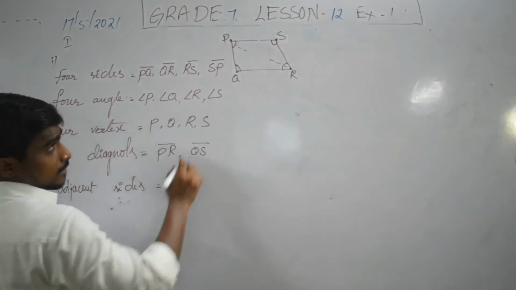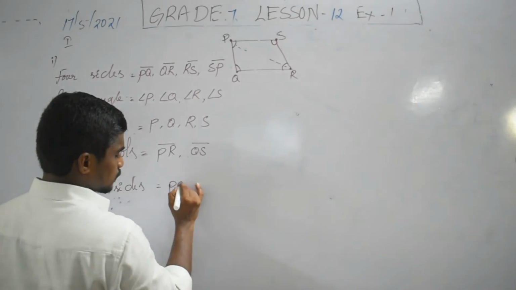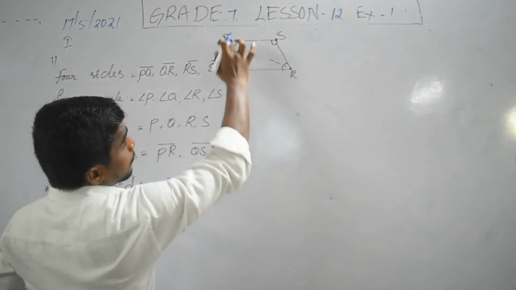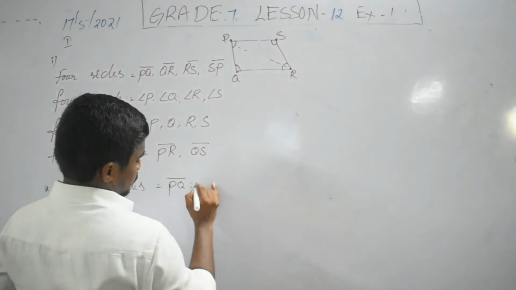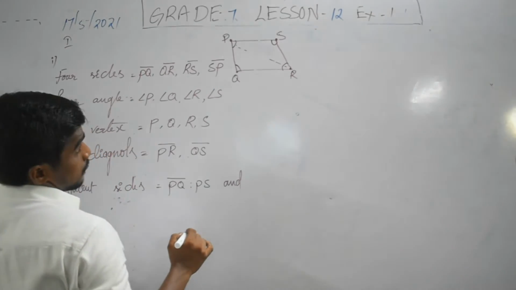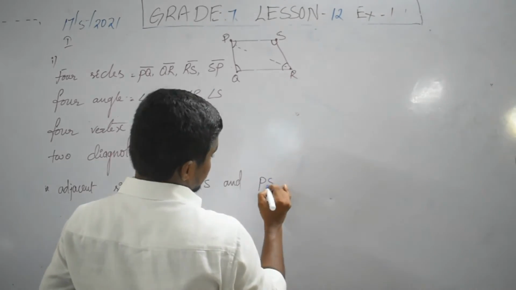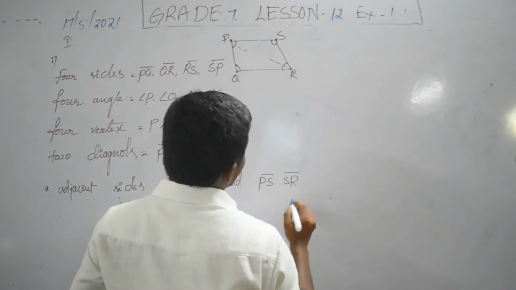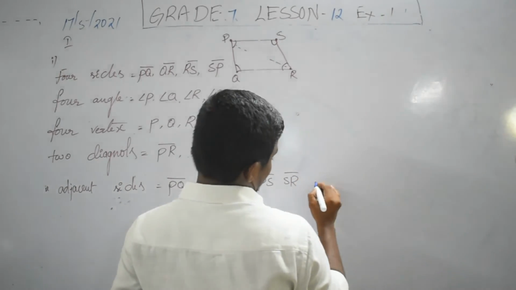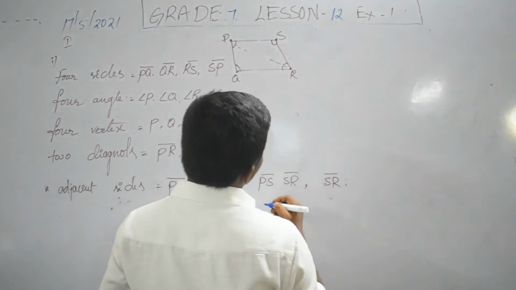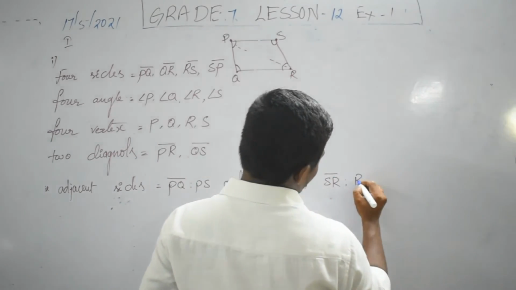Adjacent sides, what are they? PQ, PS, and PS, SR. And next SR, RQ.